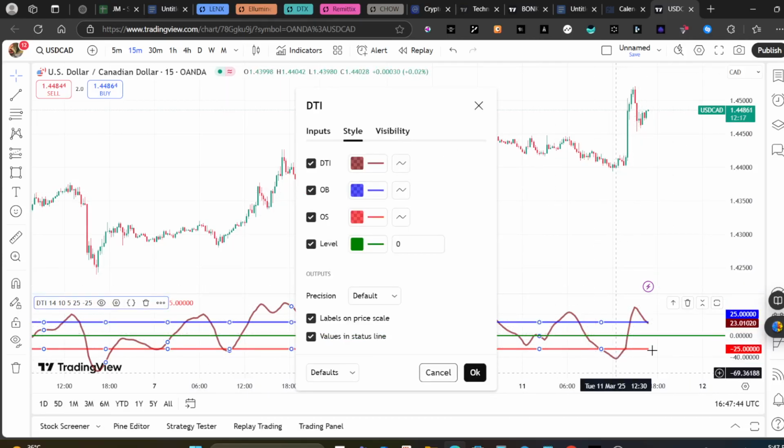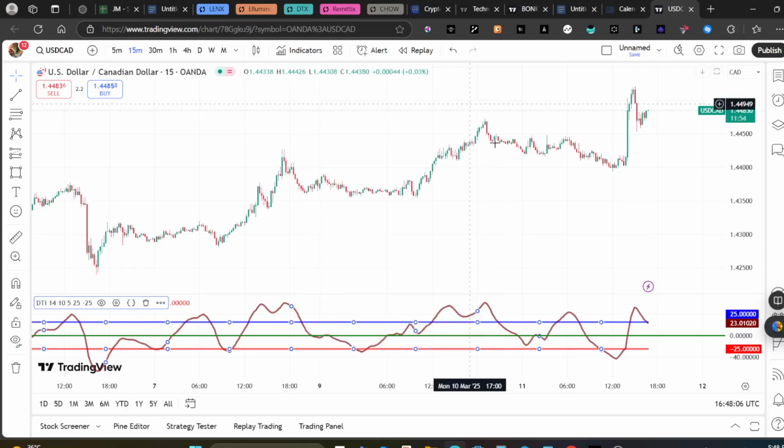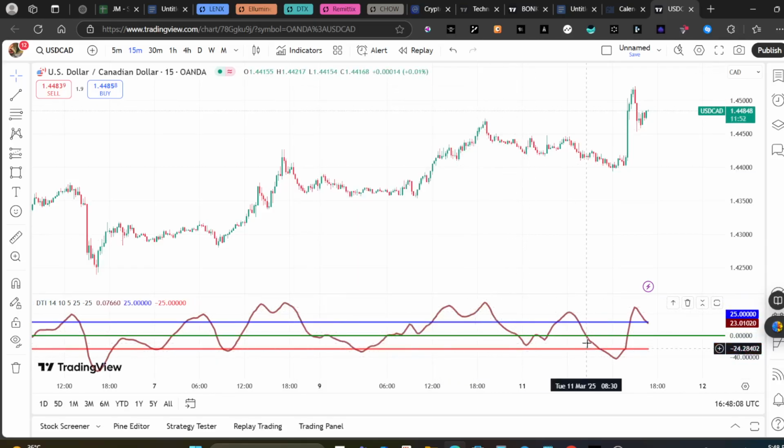Now, here on the indicator window, we can see these three horizontal lines, I mean, right here on the indicator window: the OB line, which is the overbought line, the OS line, which is the oversold line, and then we have the zero level, which is in green, and then we have the DTI line itself.